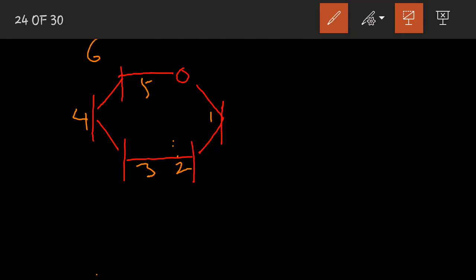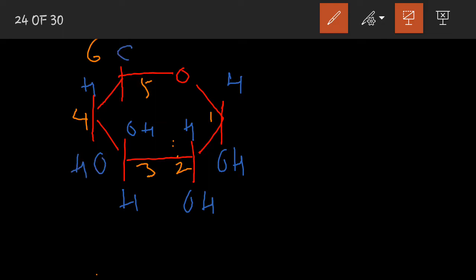Positions of H and OH. Come on, you follow that pattern. Carbon number 1, H, OH. Here carbon number 2, H, OH. Here OH, H, H, OH. And here CH2OH and H.